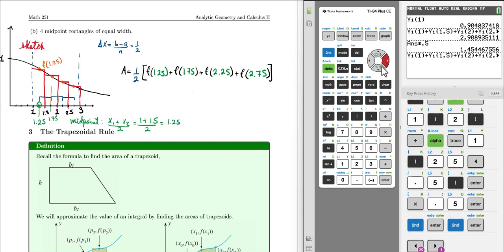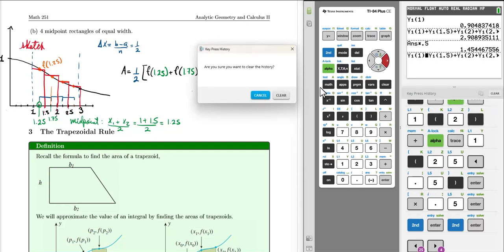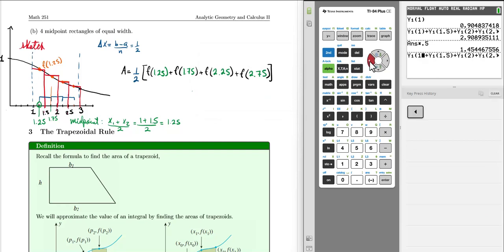So rather than deleting everything, to tweak it without removing anything, we can click on second and insert. So let me clear this so we can see it. I'm going to click second and then delete, so we can now insert.